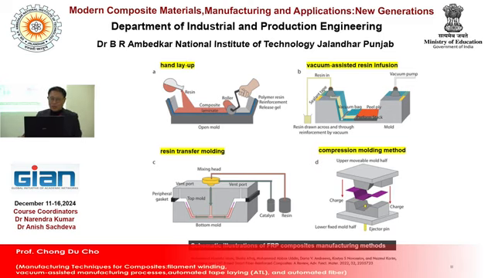Typically we can say the hand layup method and the vacuum assisted resin infusion, we say VARI, and the resin transfer molding, RTM, and the compression molding method. In this category, SMC is usually used.